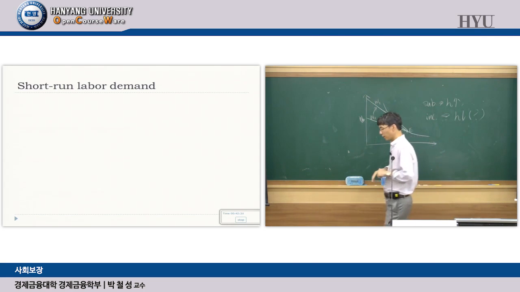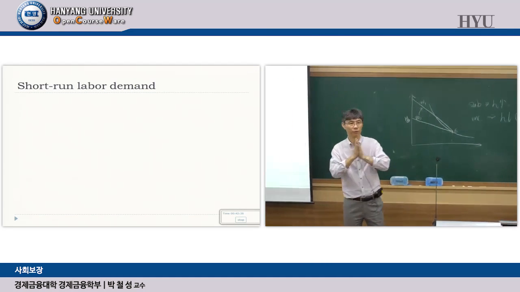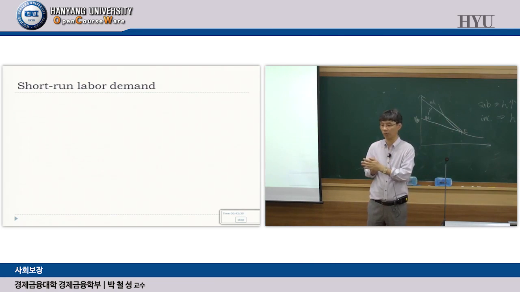And then for labor demand, we should separate the short run and the long run. What is the short run? The short run is a length of period where the capital input cannot be changed. Firms can change labor input pretty quickly.